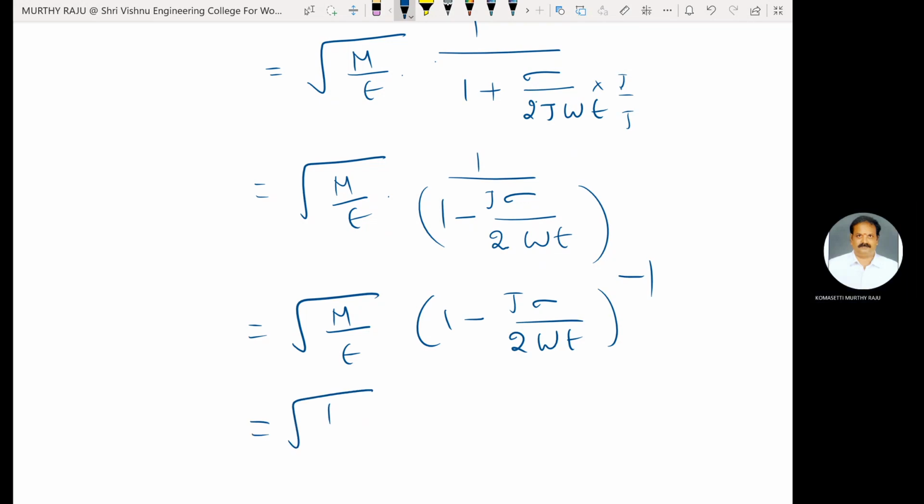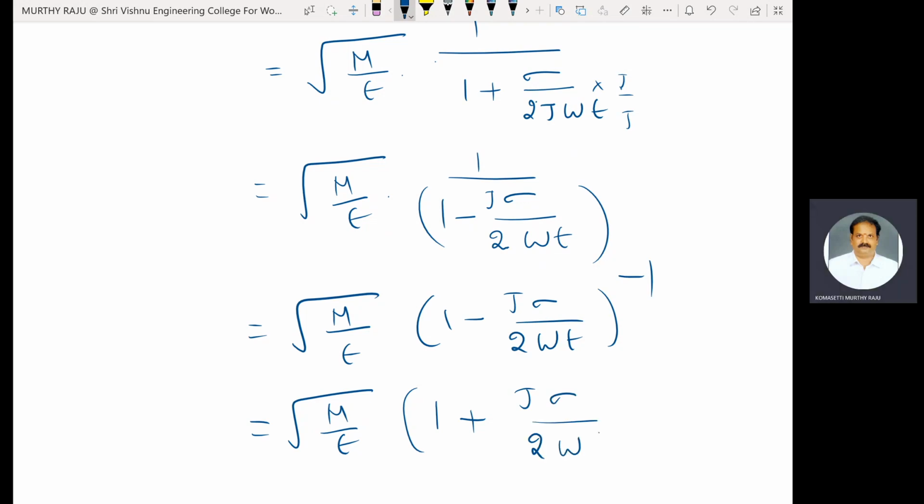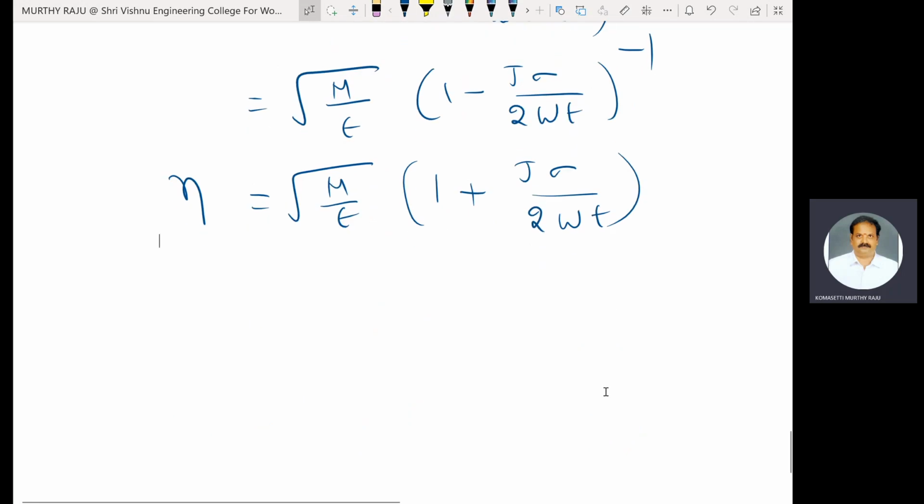Apply the binomial series: that is 1 plus j sigma by 2 omega epsilon. This is the intrinsic impedance of the wave in a dielectric media.